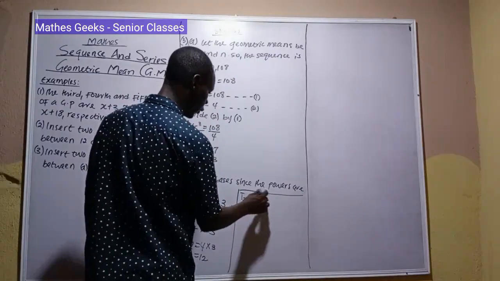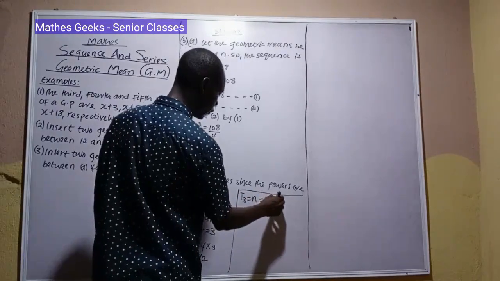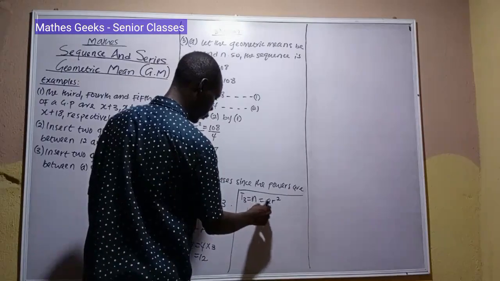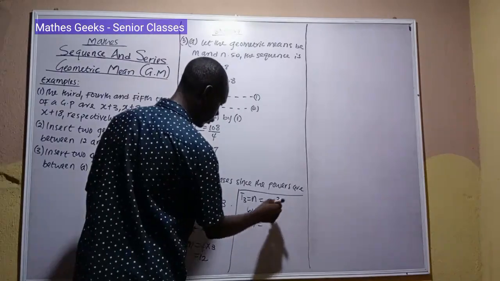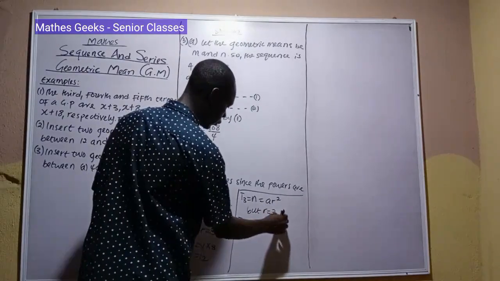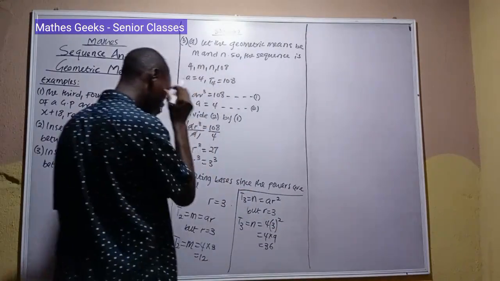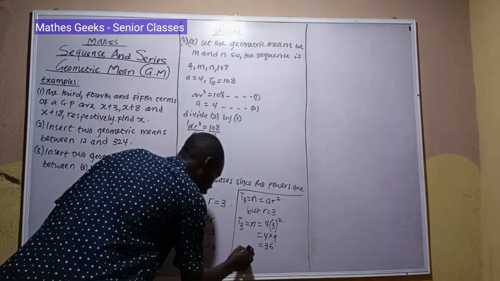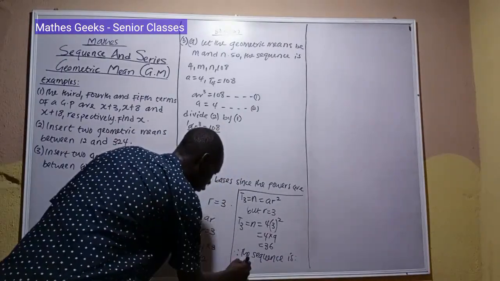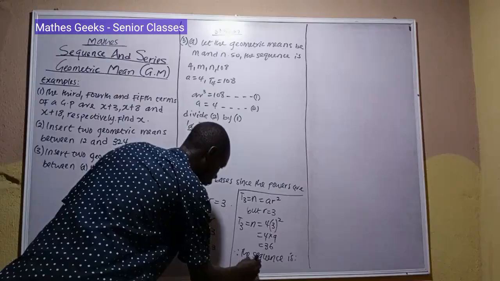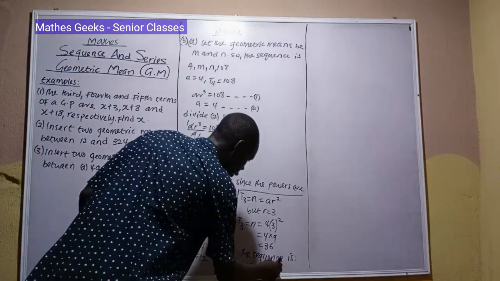T3 is n, which is 36. Therefore, the sequence is 4, 12, 36, and 108.